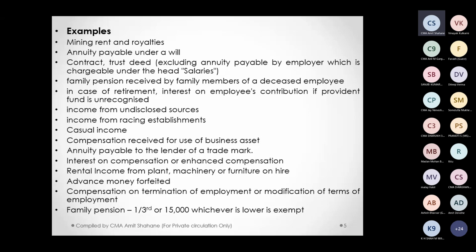So the property is in the name of that trust, but the will says this property will become yours provided you pay 20,000 rupees per month to my son. Then whatever that son receives as an annuity is chargeable under income from other sources. This is just an example. The conditions can be as you draft them, but it clarifies what an annuity is.